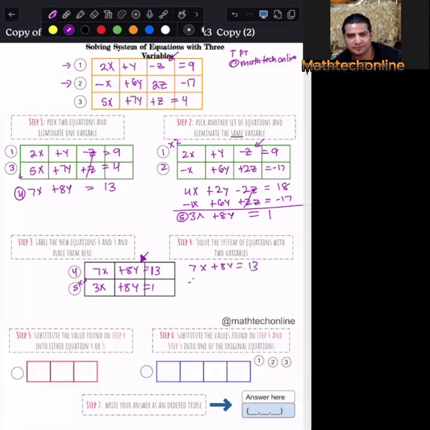This will be minus 3x minus 8y equals minus 1. 7 minus 3 is 4x. The y cancels out. That was our goal, to eliminate the y so we can solve for x. And then 13 minus 1 is 12.